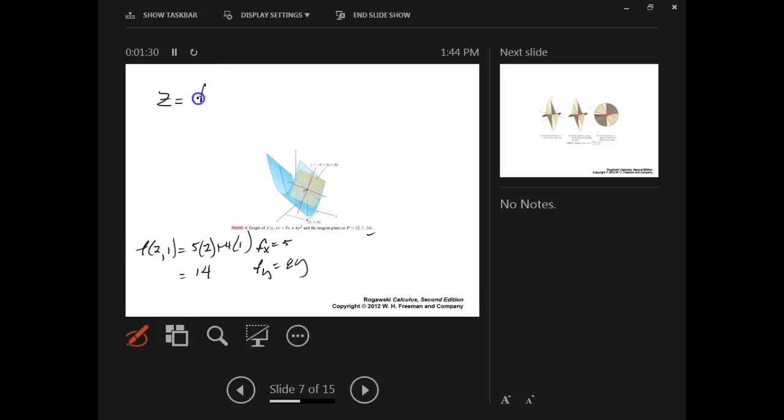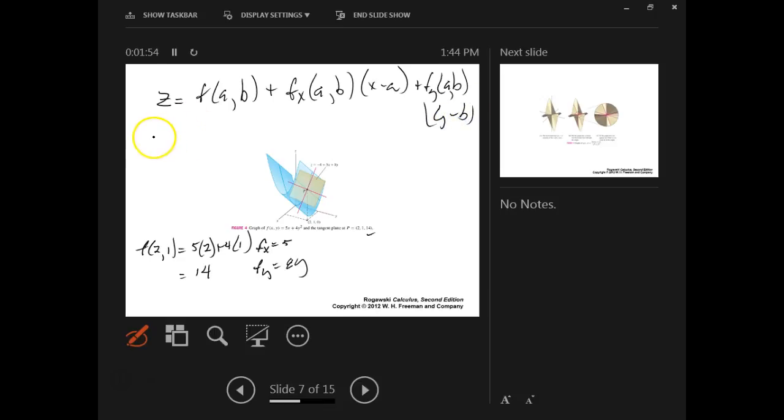z is equal to f at (a, b), that gives us a point to start from, plus your slope from there in the x direction, f sub x at (a, b), times x minus a, plus f sub y at (a, b), times y minus b.